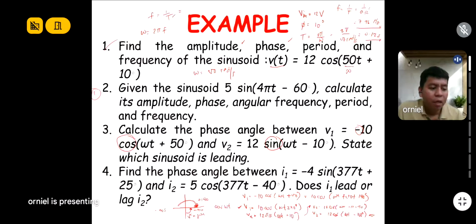From 10 cosine omega t with 230 degrees, and V2, 12 cosine omega t with negative 100 degrees. In that case, how do we rewrite this? The phase difference is between negative 100 and 230.